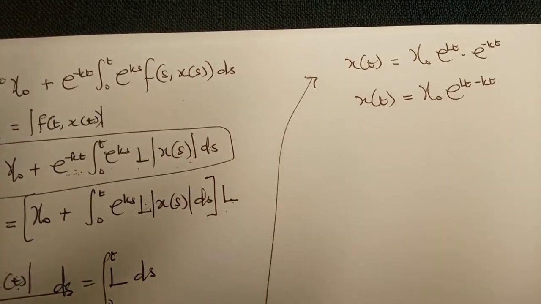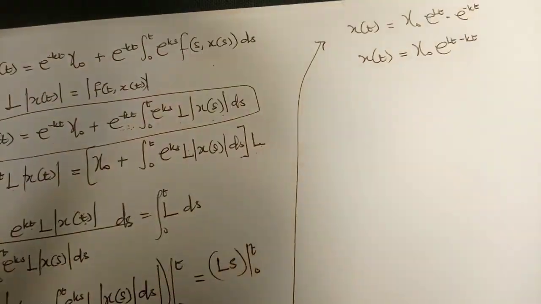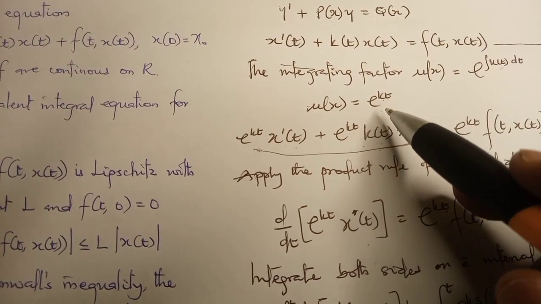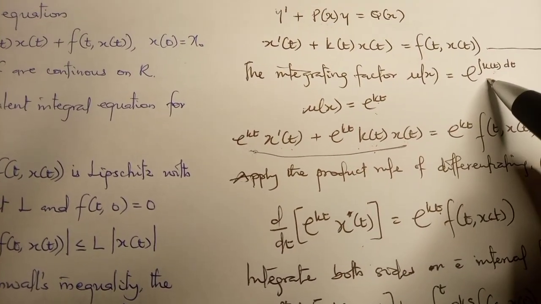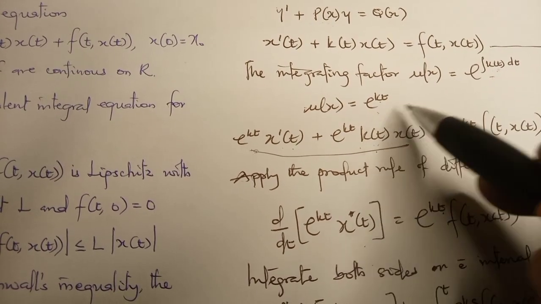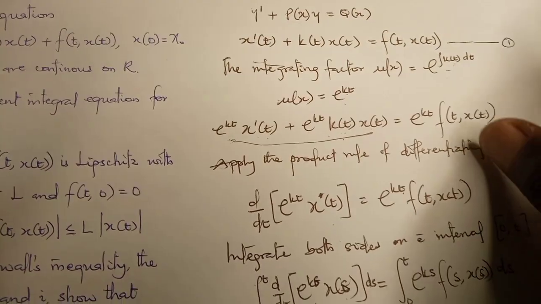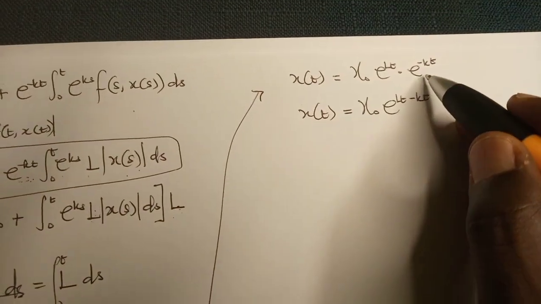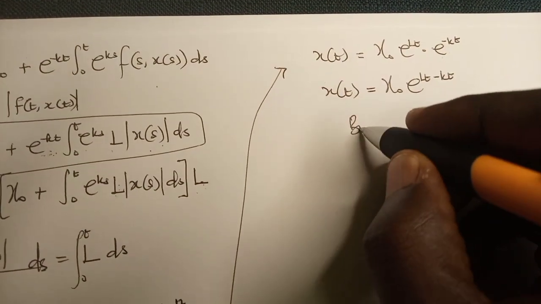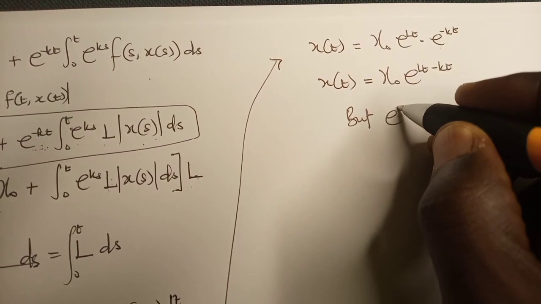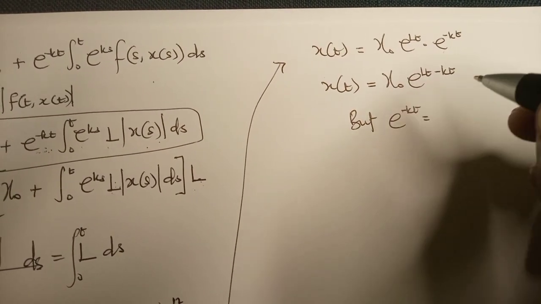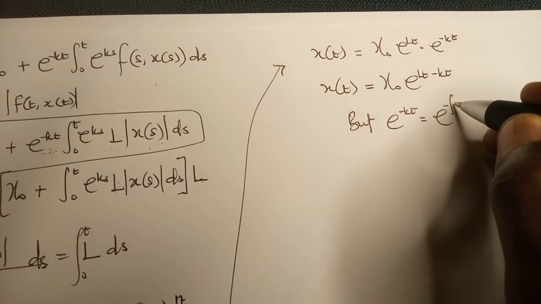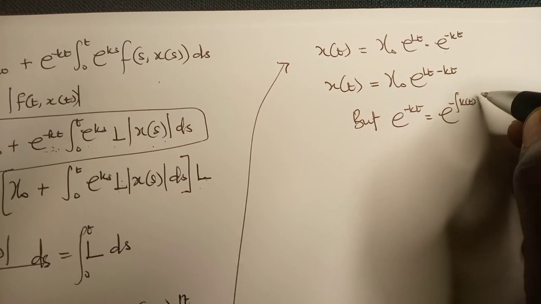But note that from our previous solution, e exponent kt is the integrating factor, so it's the same thing as this. So e exponent negative kt will be equal to e exponent negative the integral of k of t dt.